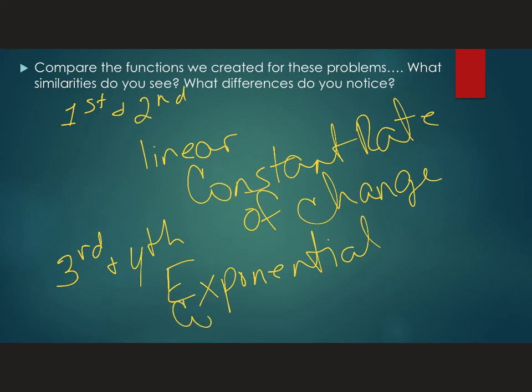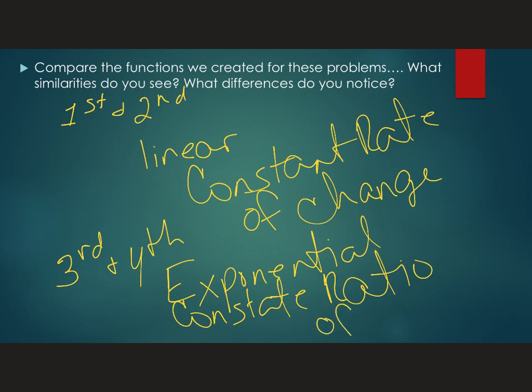They had a constant ratio of change. So the difference between having a constant rate, where it's always the same number, and a constant ratio, where it's the same percentage, is what we're looking for here. So good luck with your work, and I will talk to you all later.